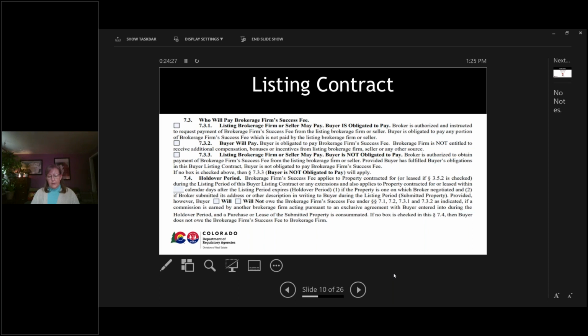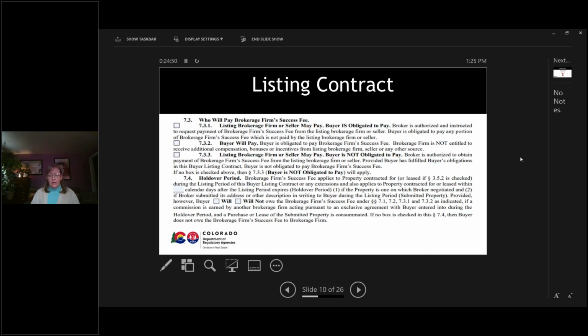The contract terminates either when the listing expires or the transaction is completed, whichever happens first. If you decide that you do not like working with this real estate broker, or maybe the real estate broker decides that they don't like working with you, you can ask to be released from the listing contract. It's got to be a mutual release.